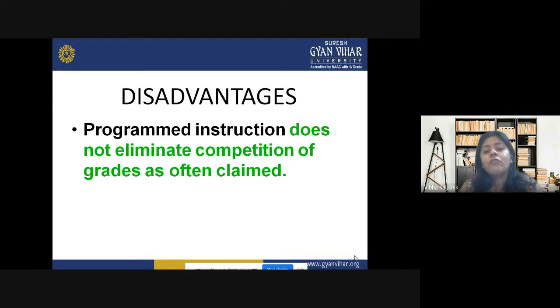Program instruction claims that it will eliminate the competition of grades among the learners, but it is not able to do so.